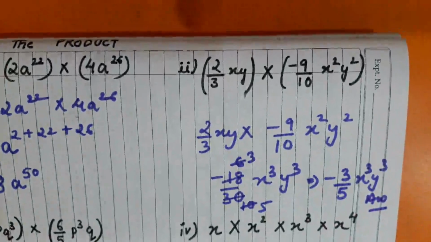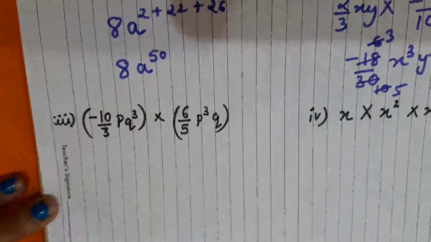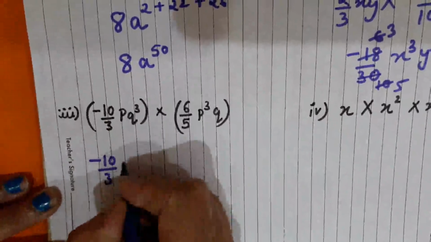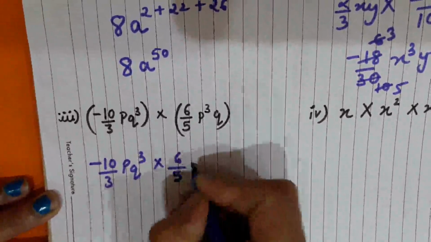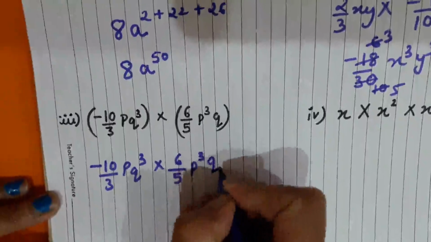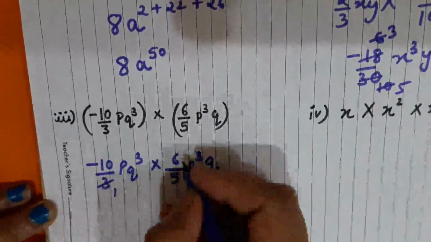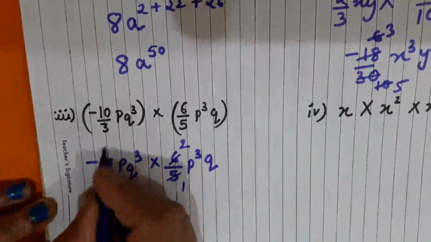Now let's move to the next question. This question is again a product. Minus 10 upon 3 p cube q, into 6 by 5 p q cube. Now I'm solving right now. 3 ones are 3, 3 twos are 6, 5 ones are 5, 5 twos are 10.